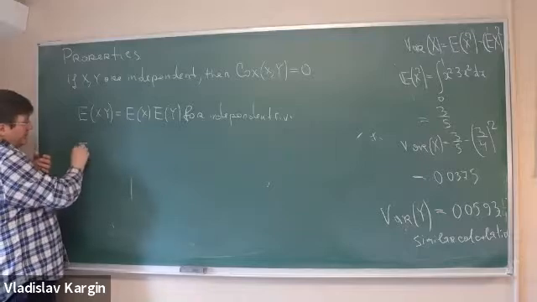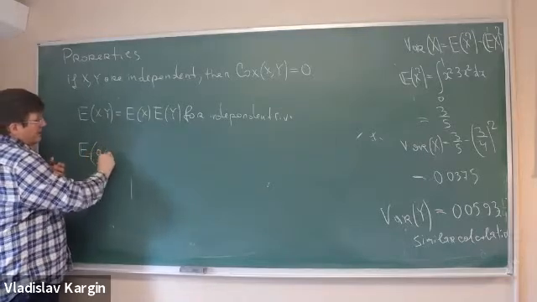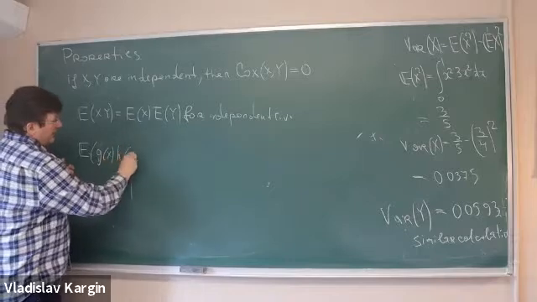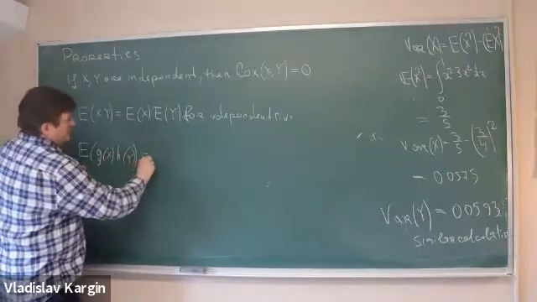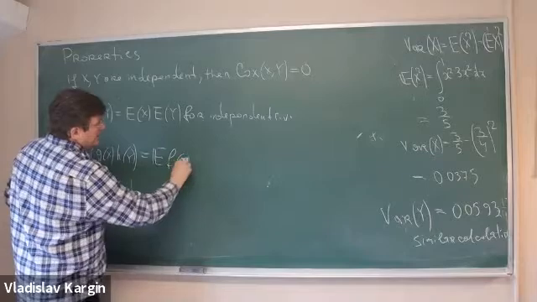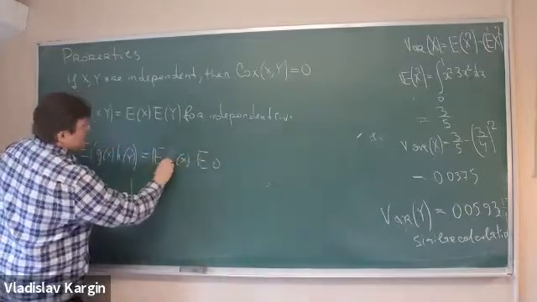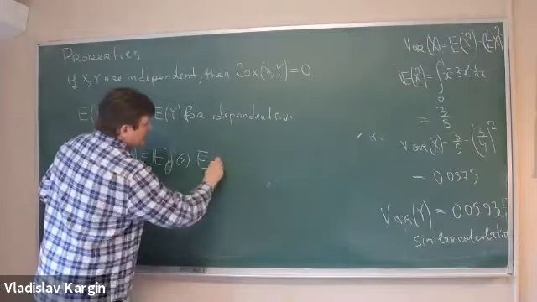In principle, E of g of x times h of y is equal to E of g of x times E of h of y.